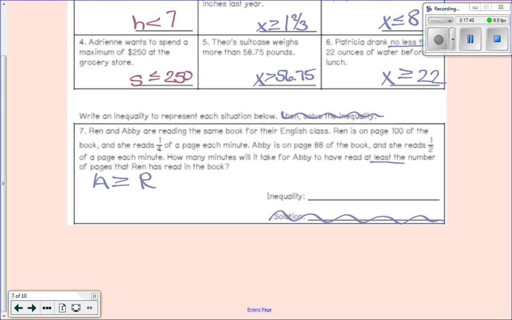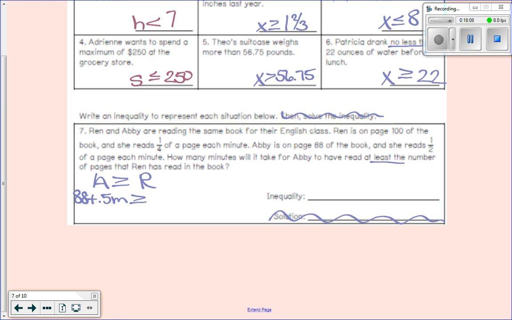Okay, so let's fill in that first, and then we can write their own expression. So Abby is on page 88 of the book, and she reads 1/2 of a page each minute. Okay, so she's on page 88, right? She also reads 1/2 a page per minute. Are you good with that? Is it okay that I put a decimal? Yeah. And then we want it to be at least Ren.